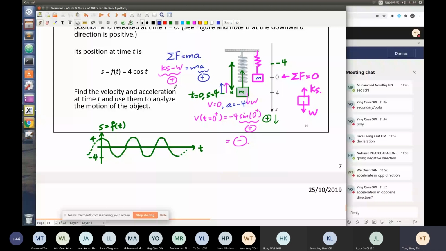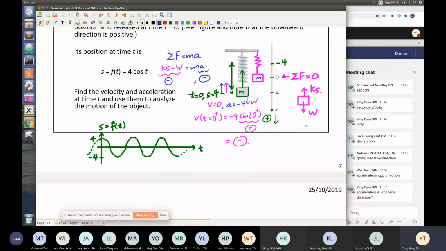So this is negative, and therefore a must be negative. The spring force Ks is bigger, so this is actually in the opposite direction, therefore a negative force. Hence you can see that the acceleration here is minus 4, making sense, because of the larger negative force caused by the spring as compared to the weight.